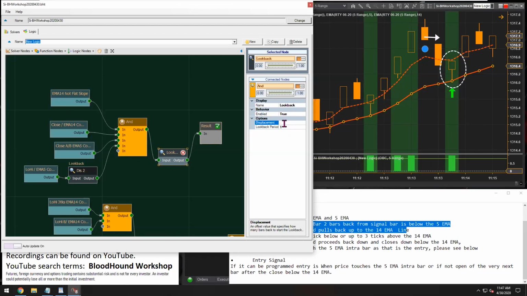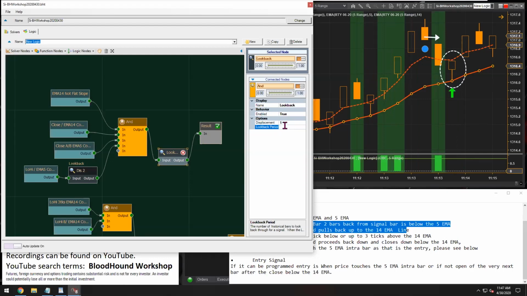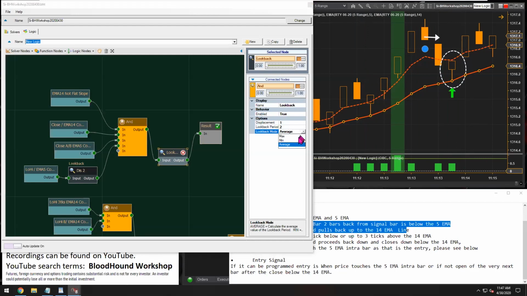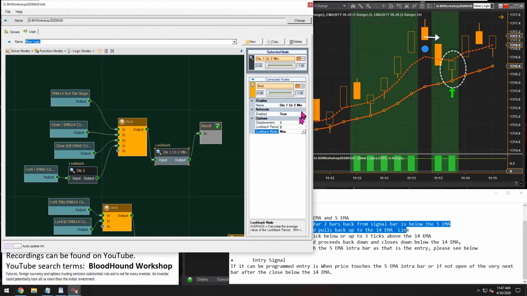But I'm going to be a little cautious and just do a displacement of 1, but use a look back of 2. All right. And basically I want a minimum of 2 bars of a look back here. So let me give this a name here, right? So we have a displacement of 1 and a look back of 2. 2 minimum actually. So there. And oh no, sorry, I wanted the max. There we go. Wanted the max.